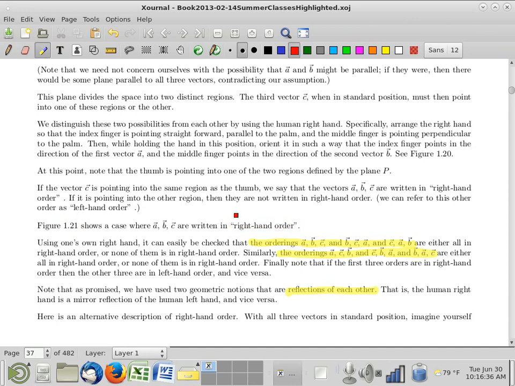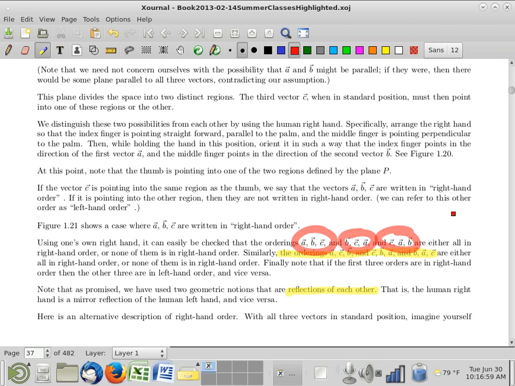A couple of observations I want to make. First of all, these three orderings, ABC, BCA, CAB, always the same ordering. Now, I'm not going to prove this rigorously. I'm just going to try to sort of motivate it. This is a hand-waving proof. Sorry for the pun.